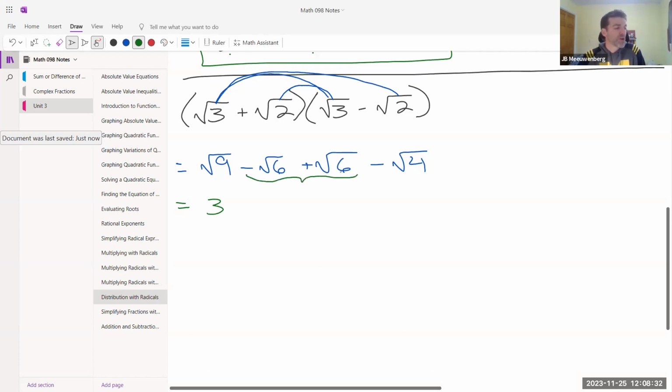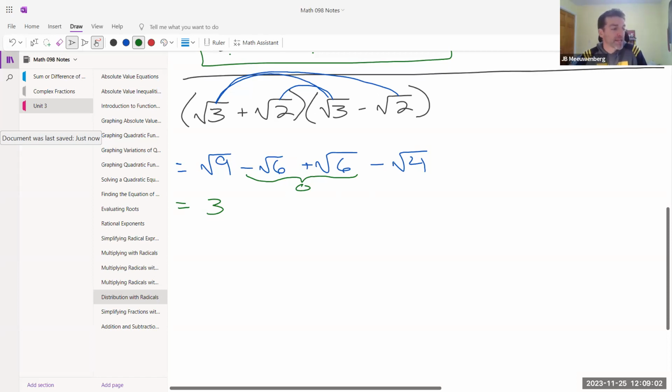Here, what do you notice? They are identical terms, square root of 6, square root of 6, one's minus, one's plus. Whenever we have two opposite terms that we're combining, one minus, one plus, it's always going to be 0, right? These condense to 0. So the terms basically just vanish moving forward with this expression.